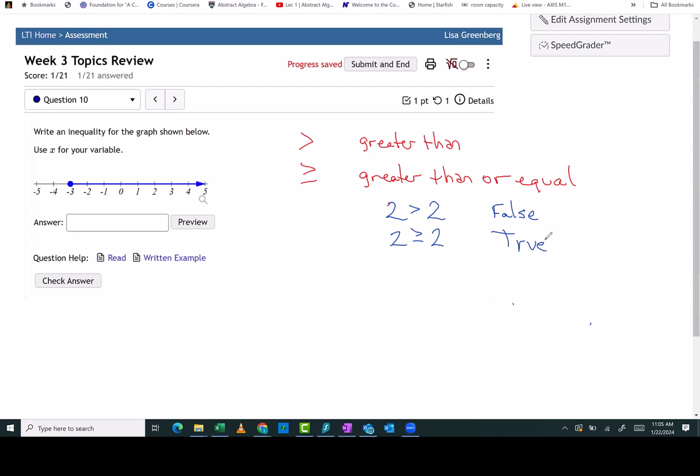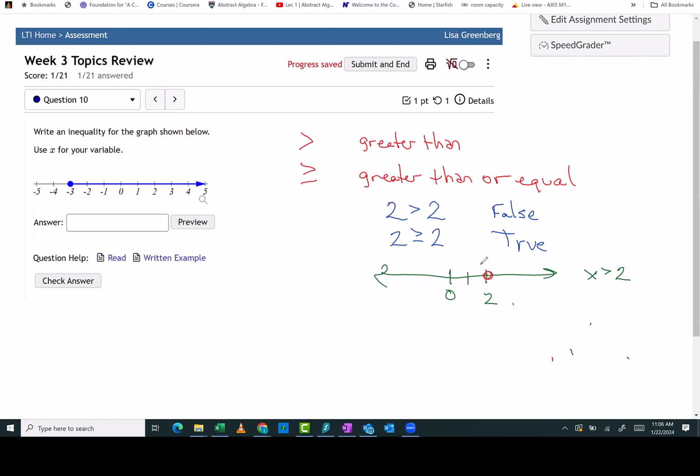All that we're really worried about is the endpoint. If I were to graph this on a number line, here's 0, 1, 2, and x is greater than 2, I would use an open circle because I can't include 2.